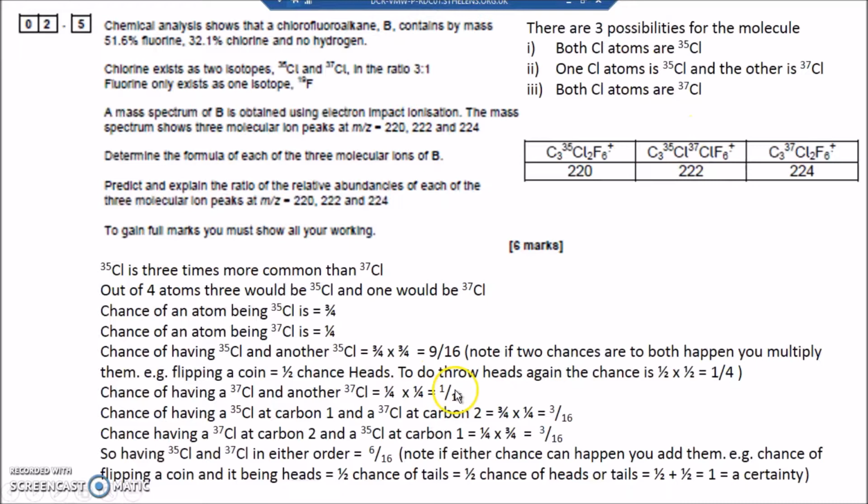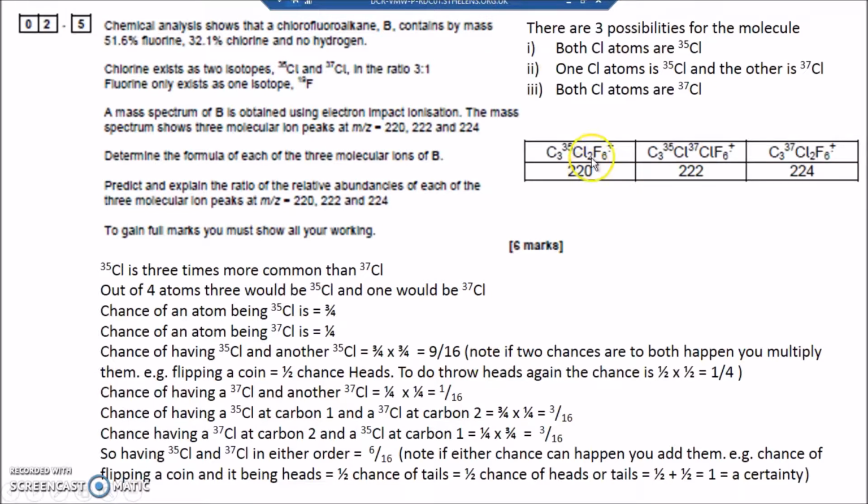So you could work out the remainder, 10/16, the remainder is 6/16. So you could just do that by subtraction. Or you could say, if you wanted to work it actually out, then the chances are 3/4 of this one is a 3/4 chance of 35 Cl, a 1/4 chance of 37 Cl, that's 3/16, and one of them is at carbon number 1, one's at carbon number 2, or they could be the other way around, 3/16 and another 3/16 are 6/16.